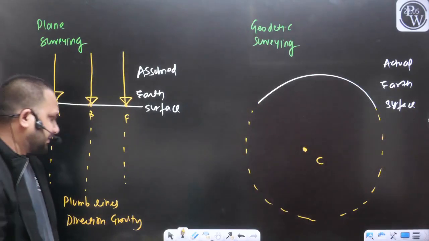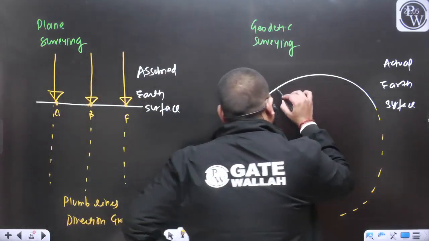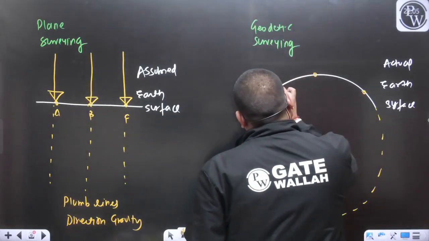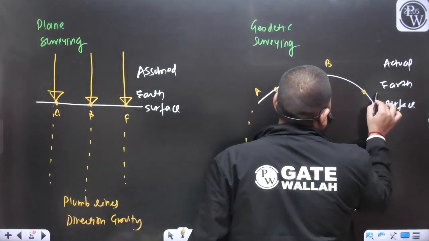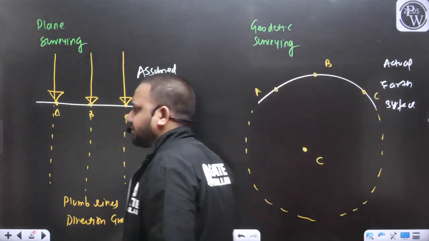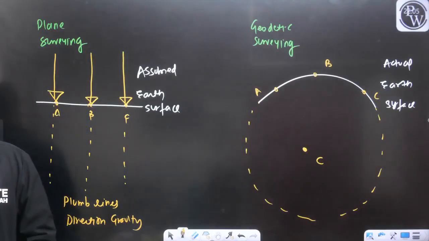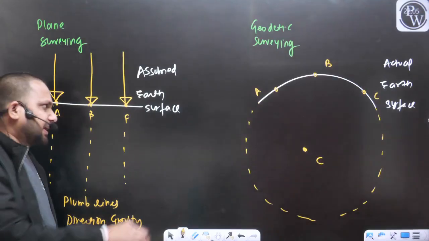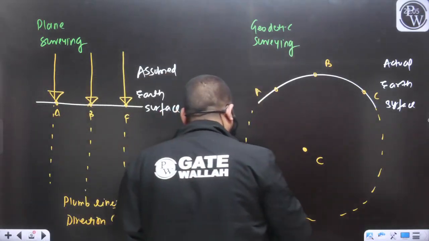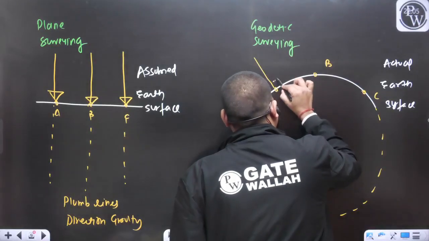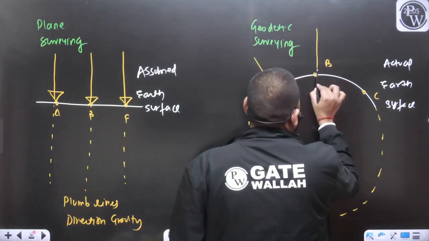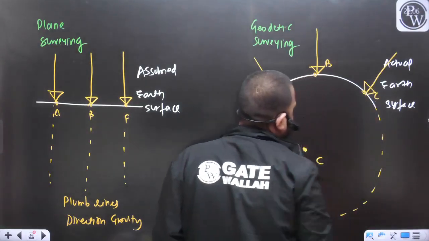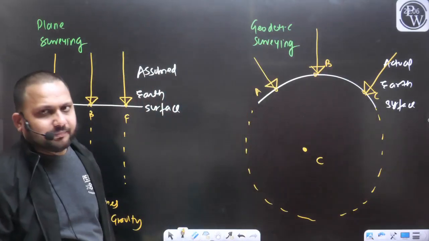Similarly, if we are considering the effect of the curvature of the earth, here also I have considered three points A, B and C. When I place the plumb bob, at point A it will be something like this, at point B something like this, and at point C something like this.